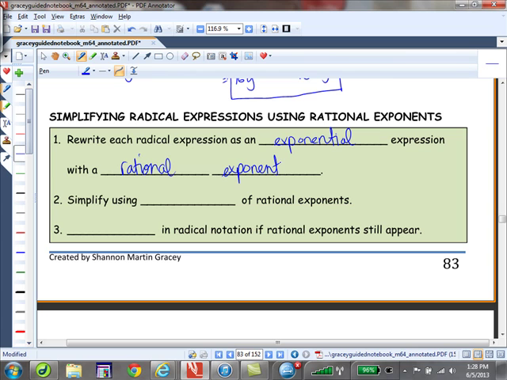Simplify using properties of rational exponents. And then rewrite in radical notation if rational exponents still occur. So that's what we actually did on that last problem, that last step.